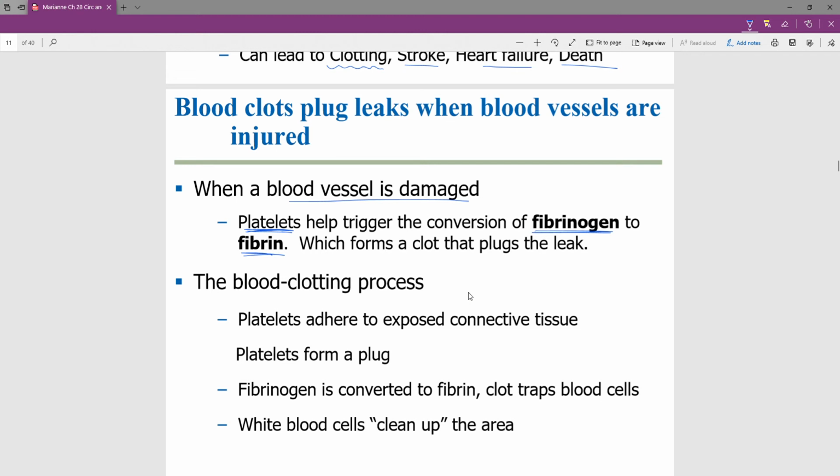It's the activation of a protein. So platelets are this component of the blood that help turn this precursor fibrinogen into fibrin. And fibrin is really what's going to be the clot or plug the leak if you do have damage to a blood vessel. So there's really three key things that happen in the blood clotting process.